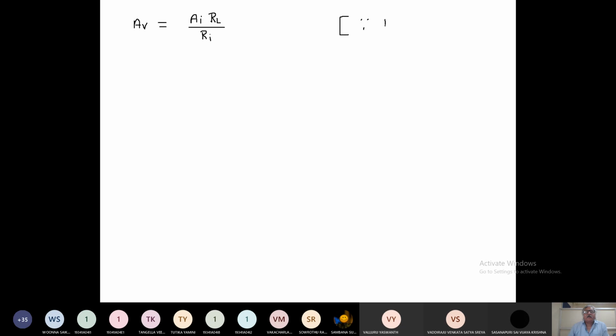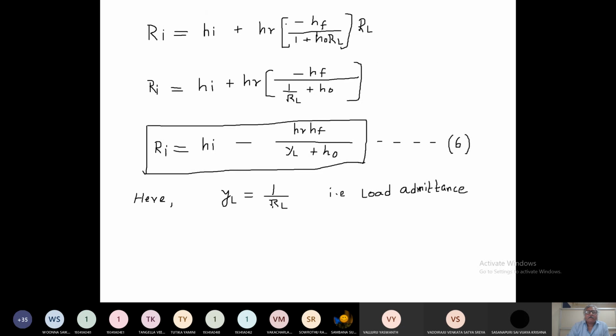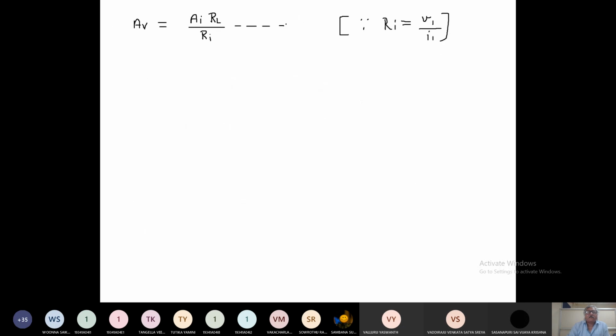Since Ri is equal to V1 by I1, due to this we got this expression now. Okay, so this expression I name as seventh. This expression is seventh, right?